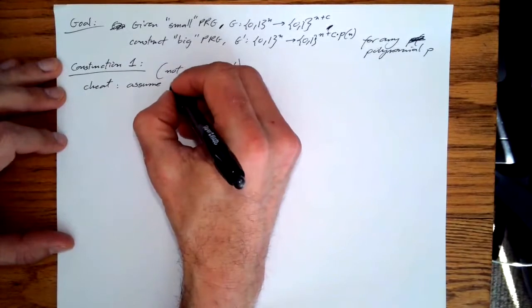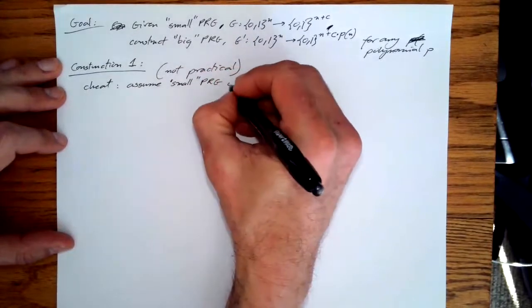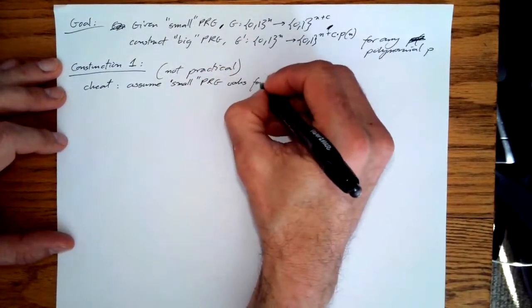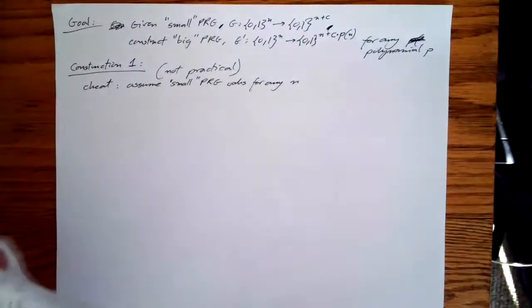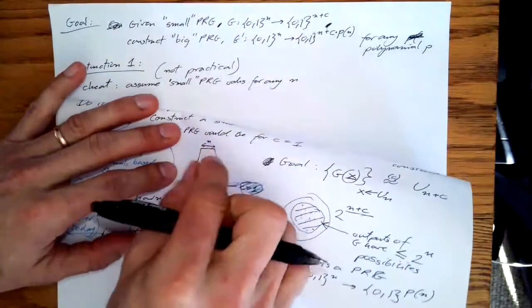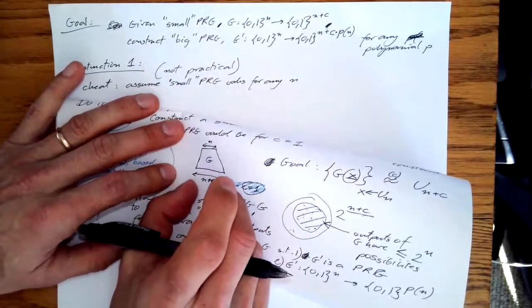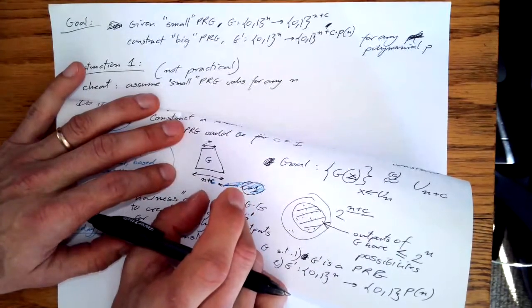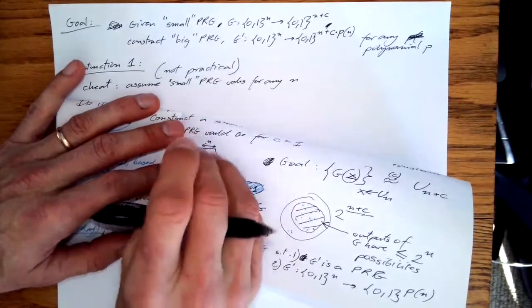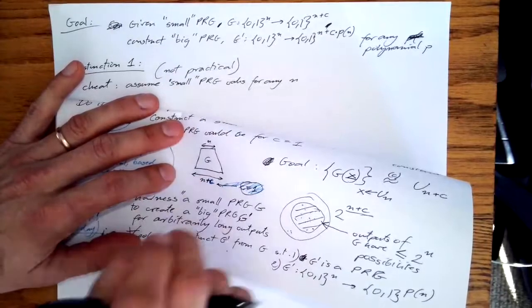Namely, assume the small PRG works for any n, i.e. the circuitry is not fixed. It's not just a fixed circuit that given 100 bits gives you 180. It's like a family of circuits. You give it 100 bits, it gives you 180. You give it 200, it gives you 280, etc.